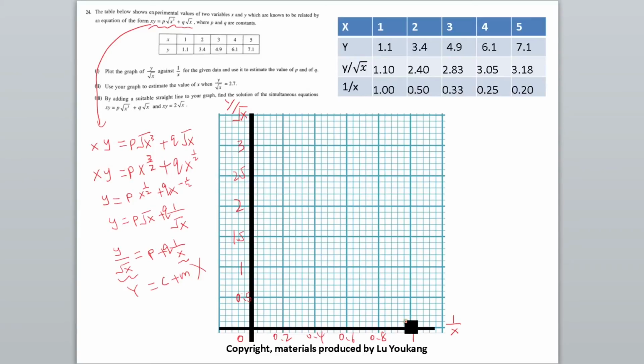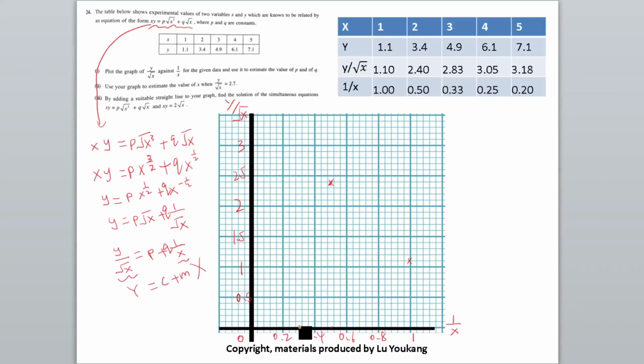So let's start. When 1 over x is 1, we get y over square root x equals 1.1. When 1 over x is 0.5, we get y over square root x equals 2.4. Another point: 1 over x equals 0.33, y over square root x equals 2.83.